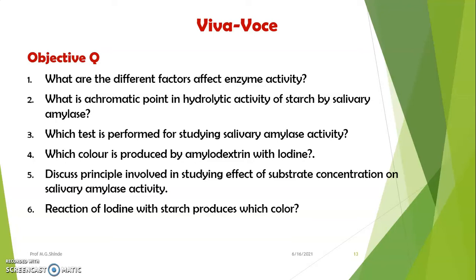With further hydrolysis, the iodine gives violet color with the amylodextrin, red color with the erythrodextrin, and lastly no color with the acrodextrin. This is utilized for studying the salivary amylase activity. If we use different concentrations of the starch solution, that will affect the salivary amylase activity and prolong the achromic point development.